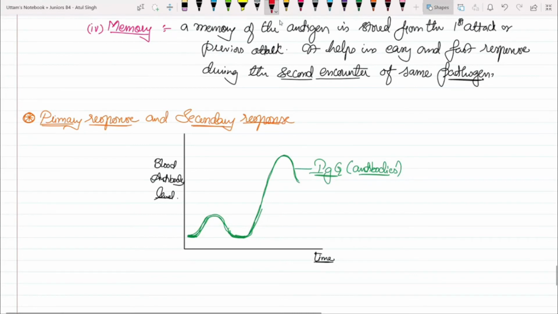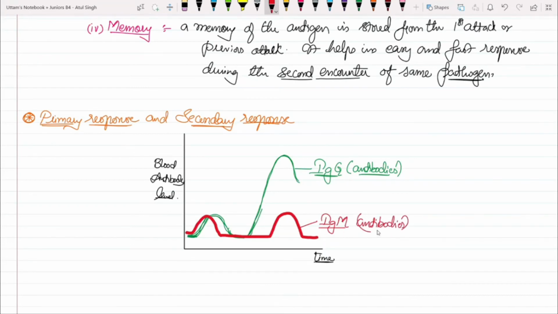The IgM will be low only during the primary response and during the secondary response also, comparatively low. So this is for IgM antibodies.